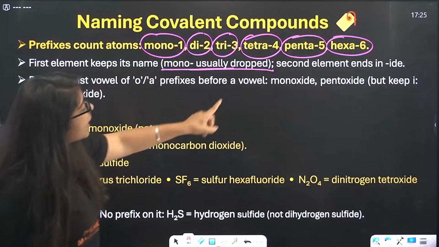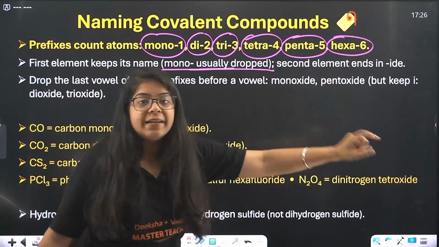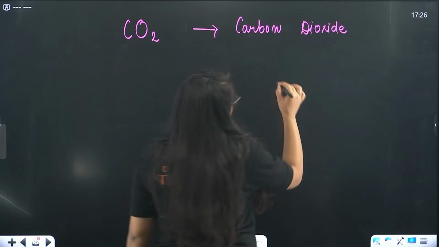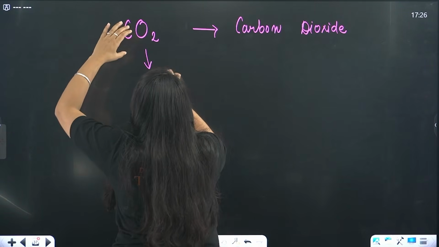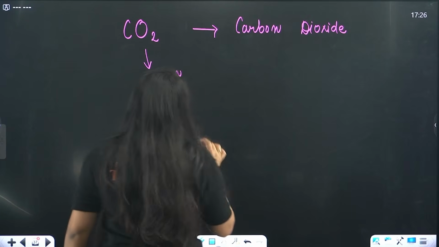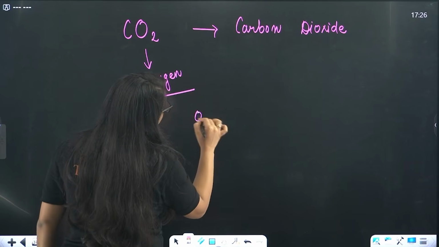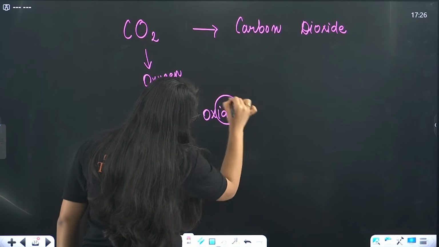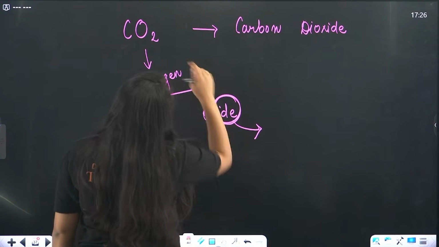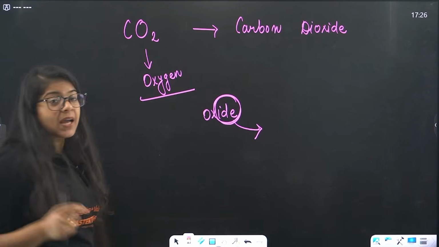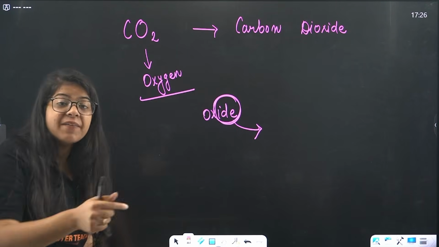Okay. Second element ends in ide. See here, second element. Now CO2, the second is oxygen, right? So instead of writing oxygen, we write oxide, because it gets the suffix ide. The second element gets a prefix as well, and the ending ide.